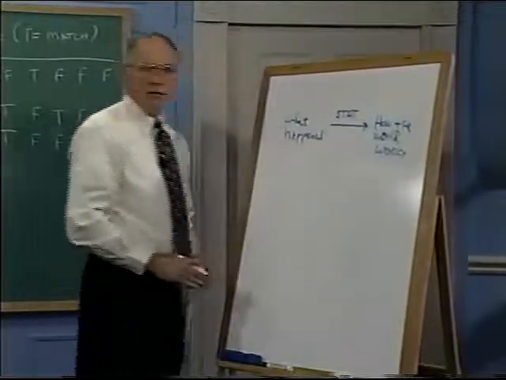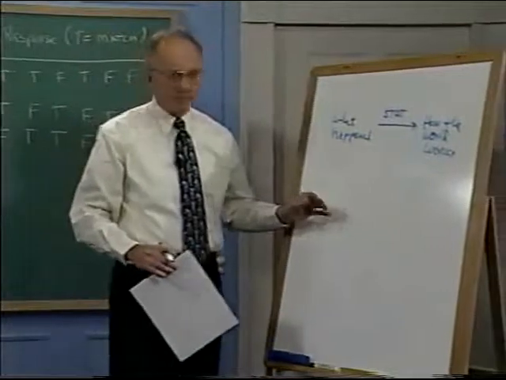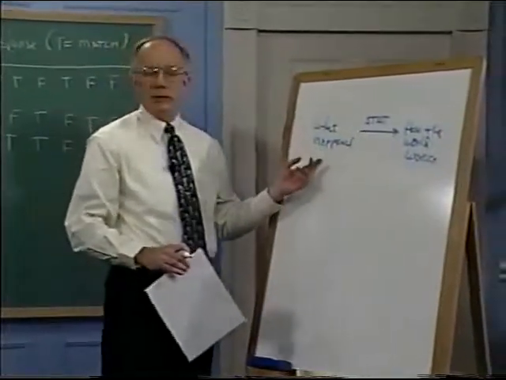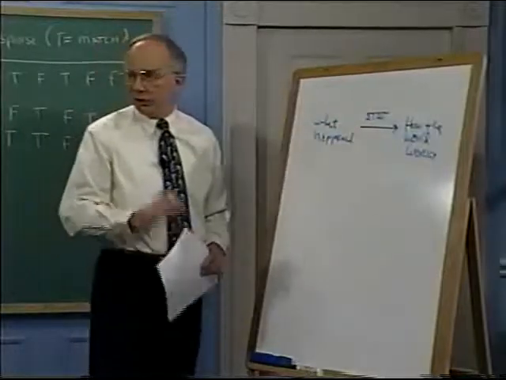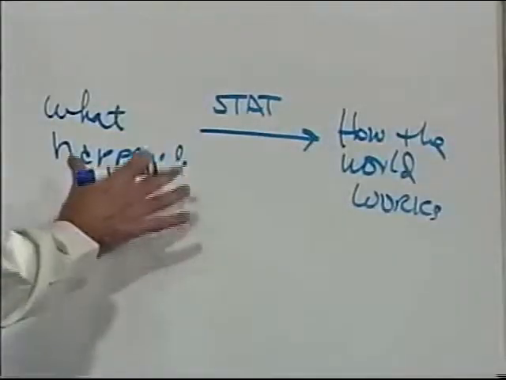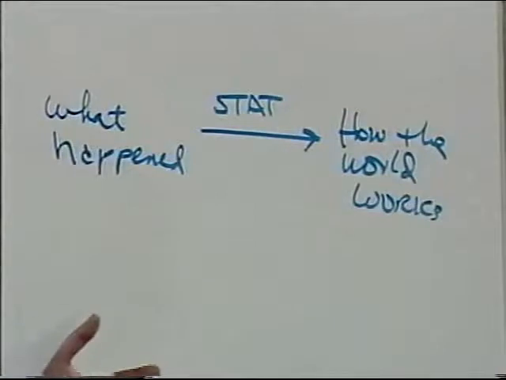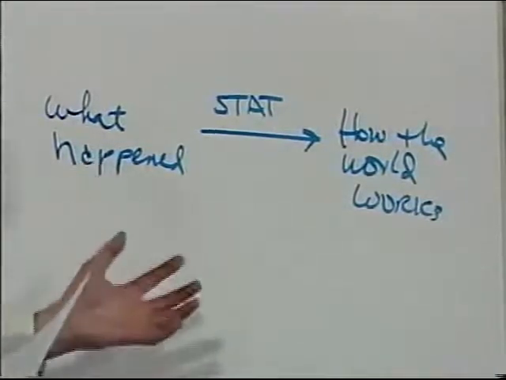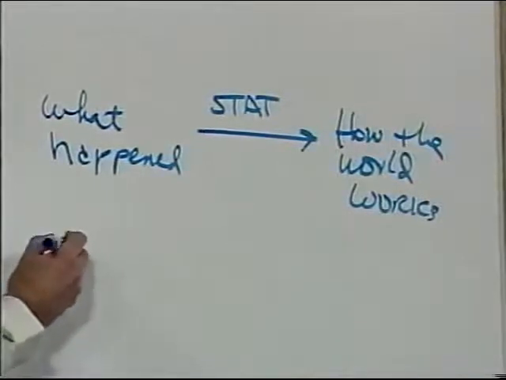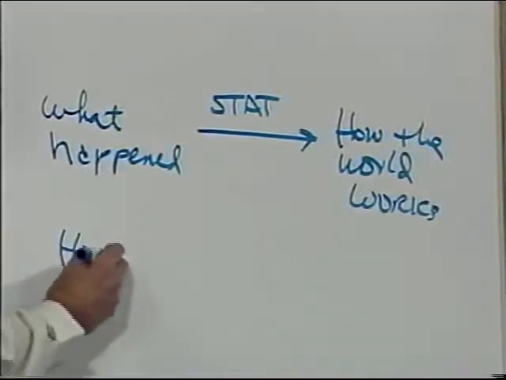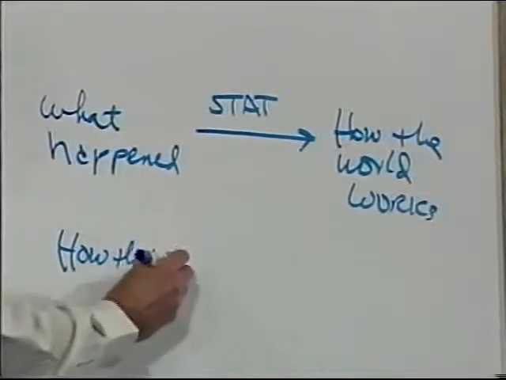We try to make some statement that says, like, the average salary of the teaching company customer is blah, blah, blah. Okay? That's the statistical process, moving from what happened, from a data set that we work with and deal with, to how our world works. With probability, we start with how the world works.